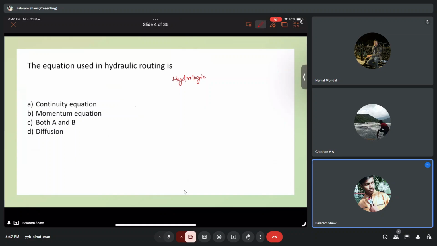So the correct answer will be both the continuity and momentum equation, and hence the answer will be both A and B, right?